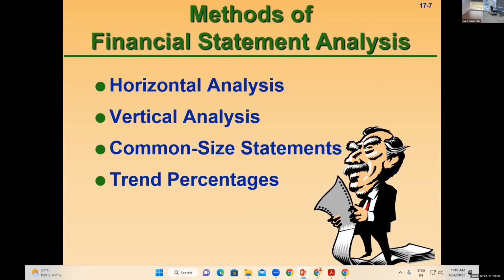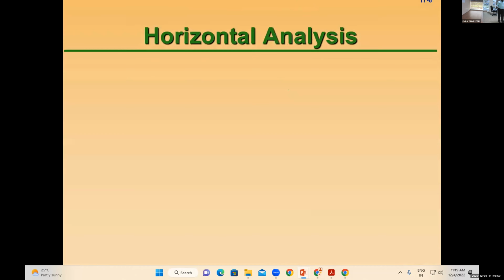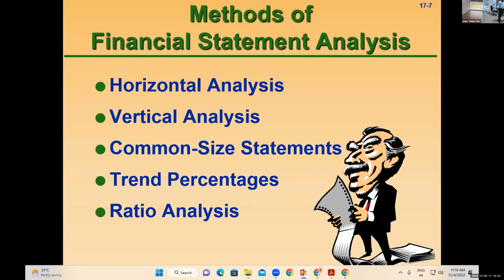Always upward is not good, depending upon what item we are discussing. Okay, sales is in an upward trend. Profit is in an upward trend. So we are analyzing the different variables, different items in the balance sheet as well as in the profit and loss account, by having a trend for every variable. Okay, trend analysis.